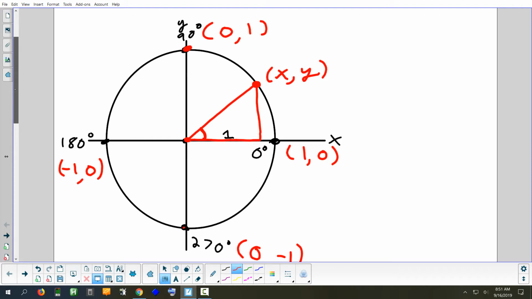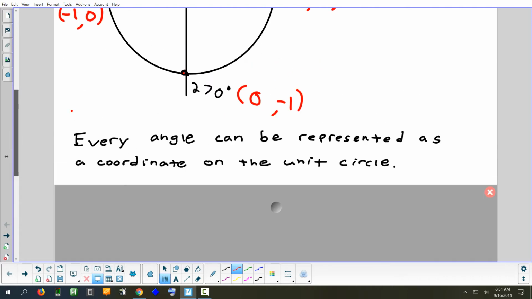And there's some overlap there, because obviously 90 is a multiple of both. So when I say every angle, I really mean multiples of 30 and 45. Technically, you can do multiples of 15, and if you can do 15, then you can do 7.5. There are all kinds of fancy formulas, but really, we're focusing on 30s and 45s.